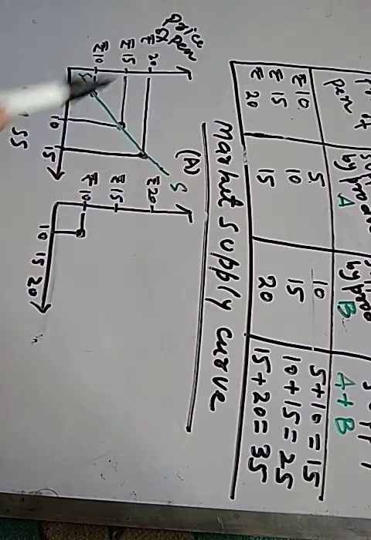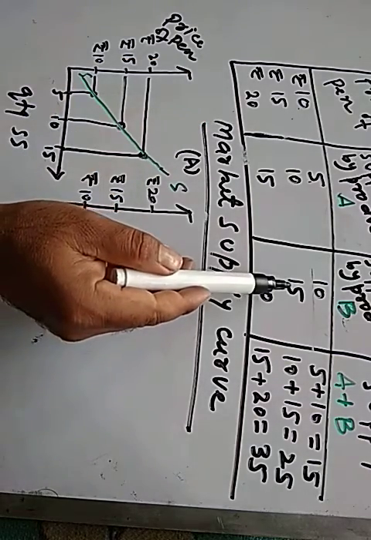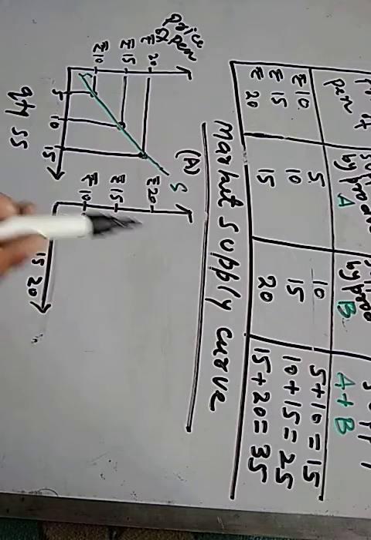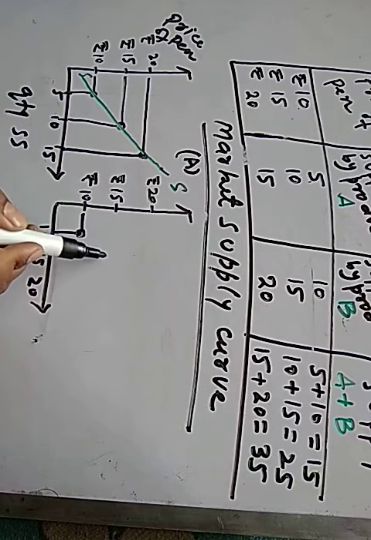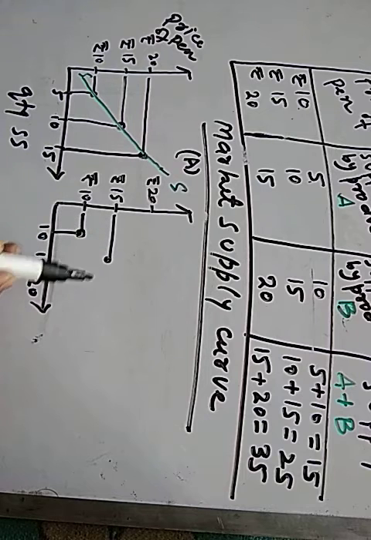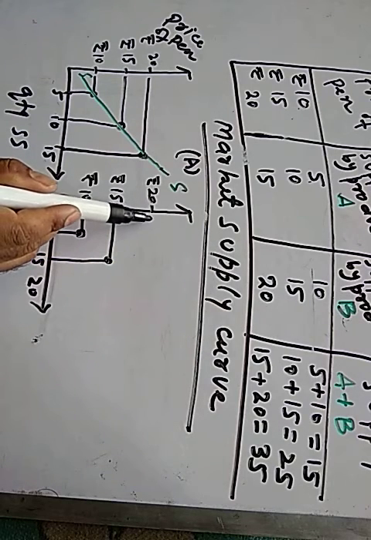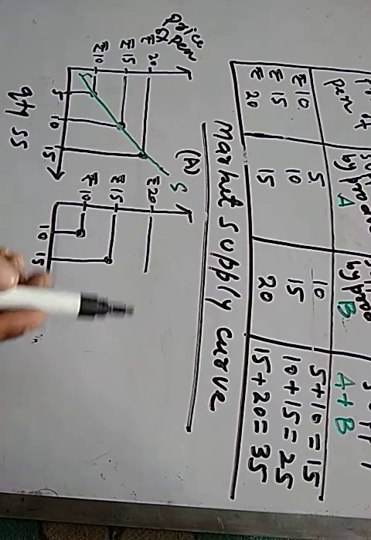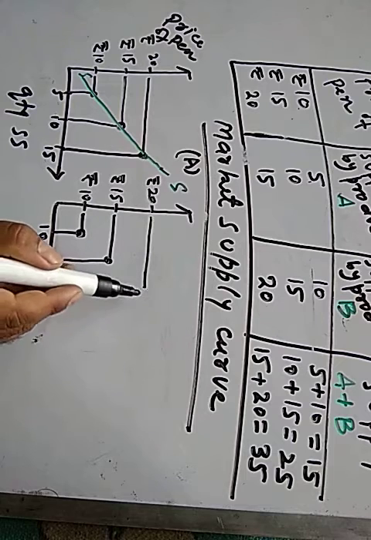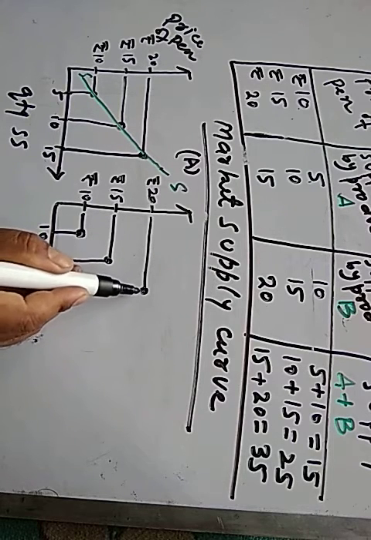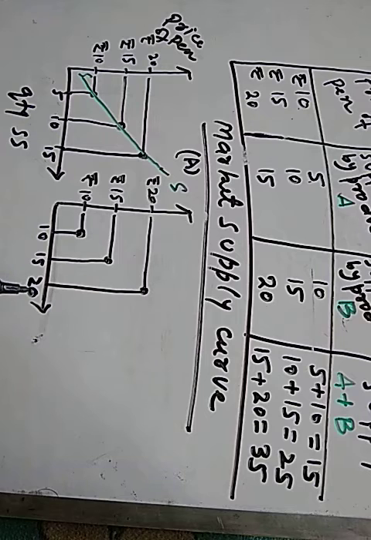When the price is 15, the supply was 15 units. When the price increased again from 15 to 20 rupees, quantity supplied by producer B is 20. That is, it also increased from 15 to 20 units.